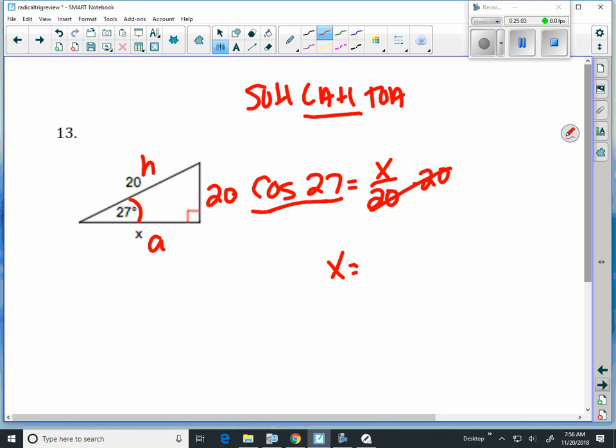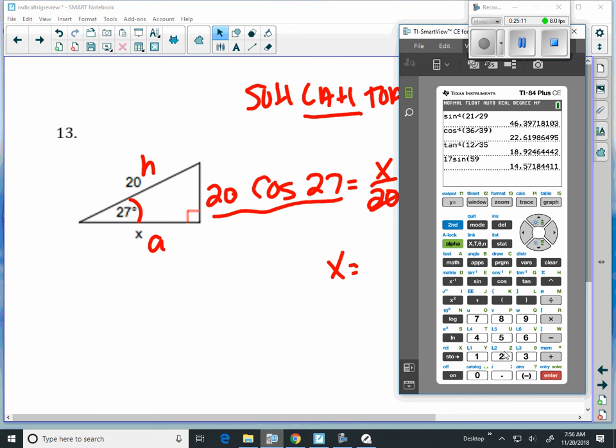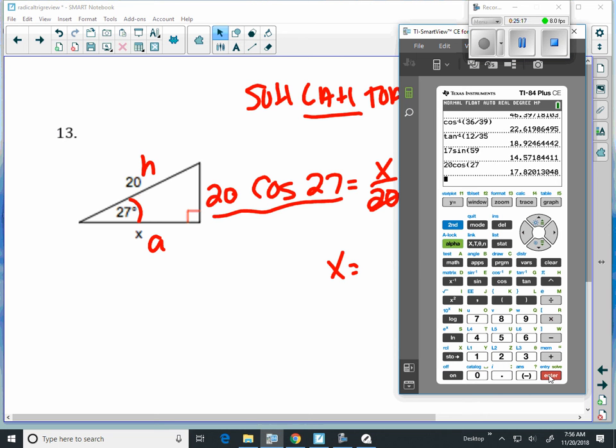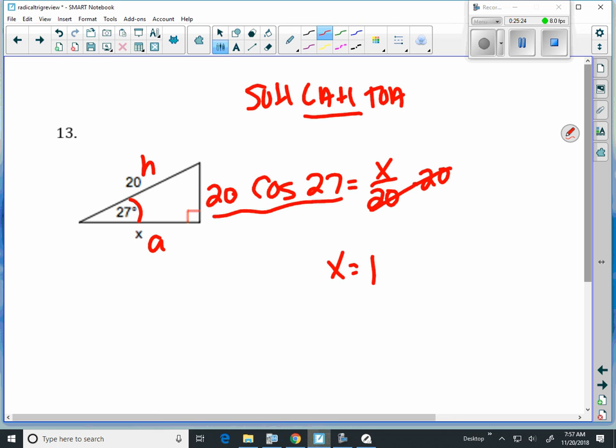Okay, and we're going to put this in our calculator. 20 cosine of 27. I'm getting 17.82. And again, it's units because we're working with a side measure, not an angle there.